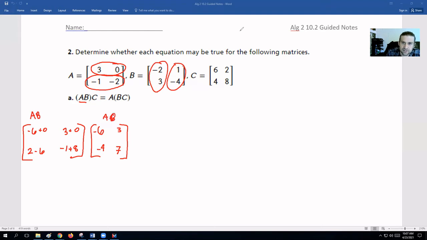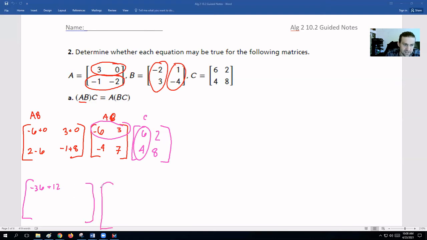What we need to do next is to multiply this by C. So C is 6, 2, 4, 8. First row, first column: negative 6 times 6 is negative 36. 3 times 4 is 12.